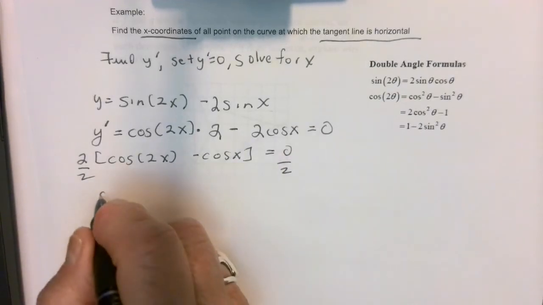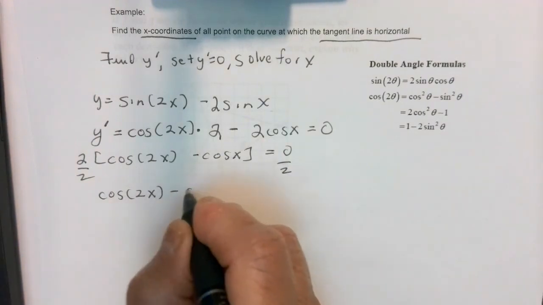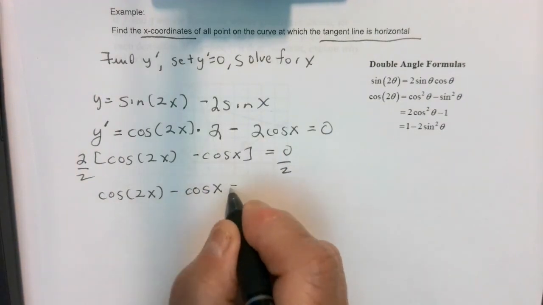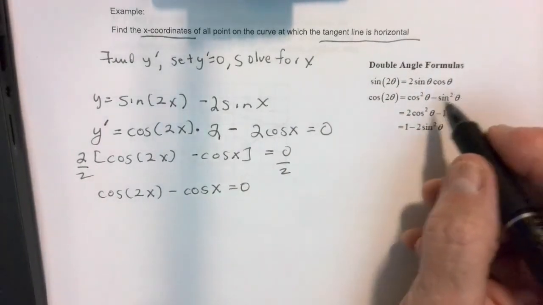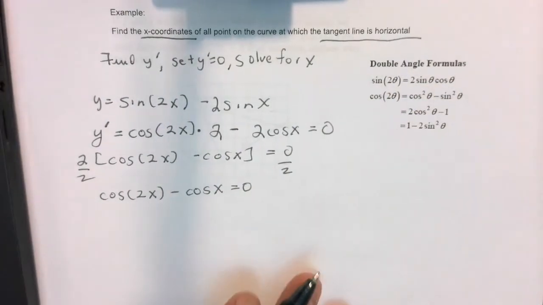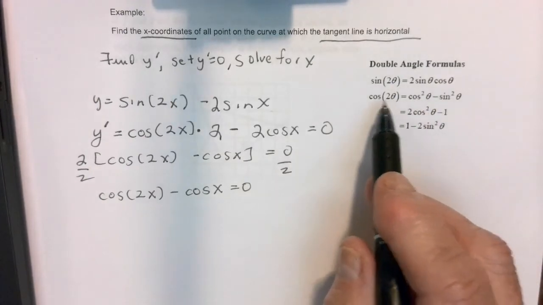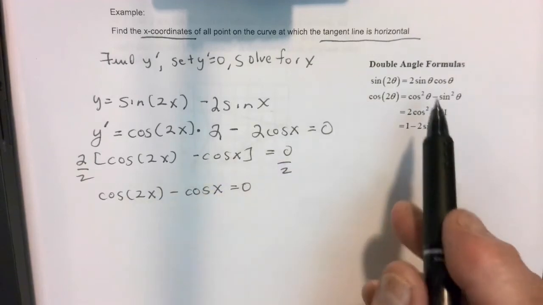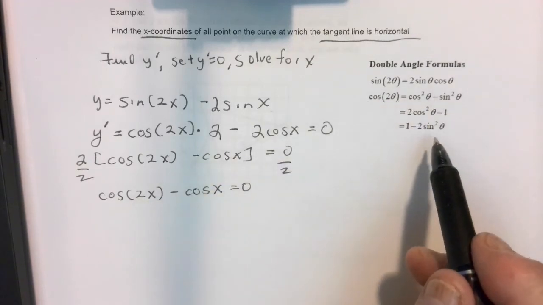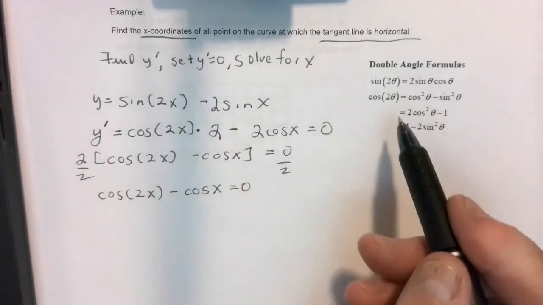So I've got cosine of 2x minus cosine of x equals 0. Now, this is where I'm going to use the identity. If you go back to trig, these are the double angle formulas for cosine of 2x. This is 2 theta, but same with an x. There's 3 forms. The form we want to use is this one.